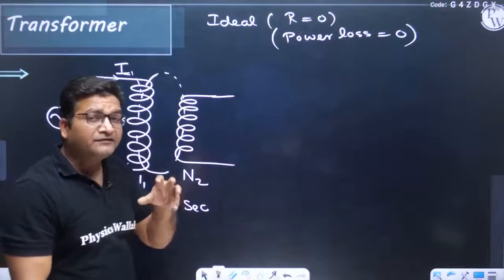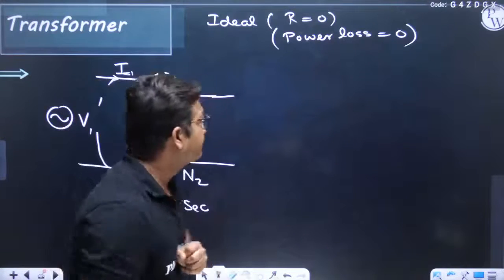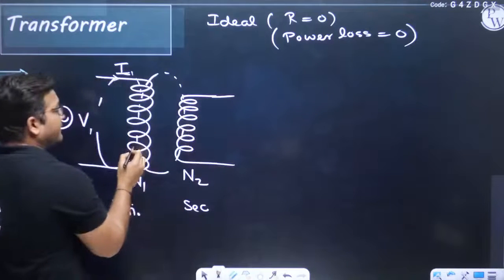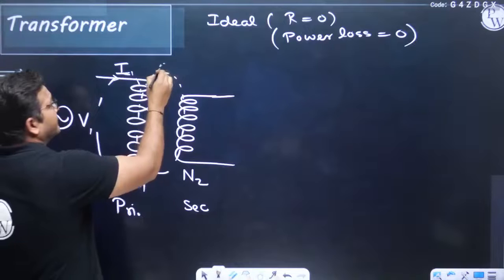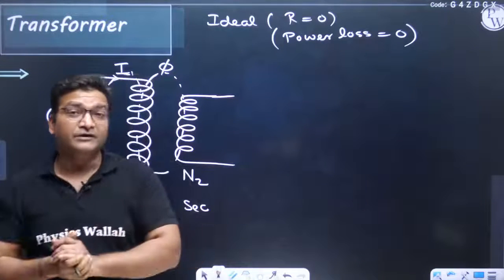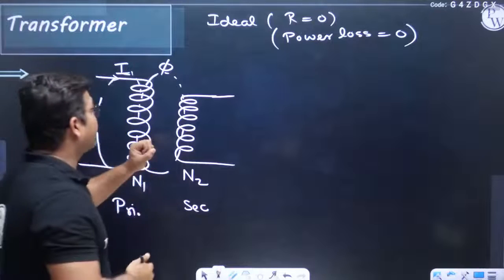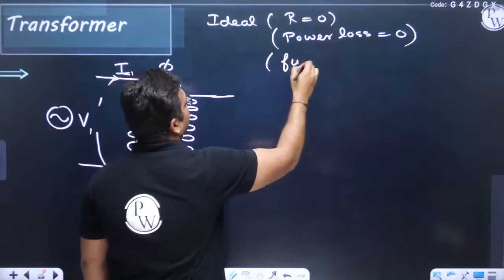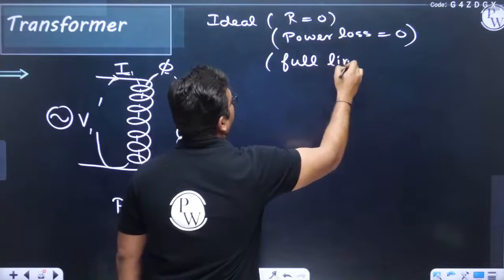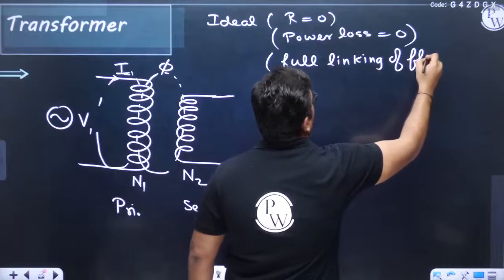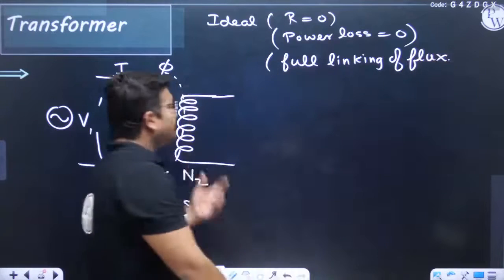But here we make some spatial arrangements, and the flux created by the primary coil, let us say phi, somehow links both the coils equally. So we can say in an ideal transformer we have full linking of flux. How is it achieved?